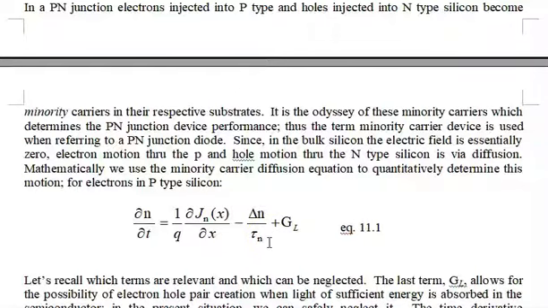Now, which terms are going to be applicable and which terms are not? Well, for steady state, we can cross this out. In steady state, there's not going to be a change in time, and this is the light shining, and if we don't have light, we get rid of this one.